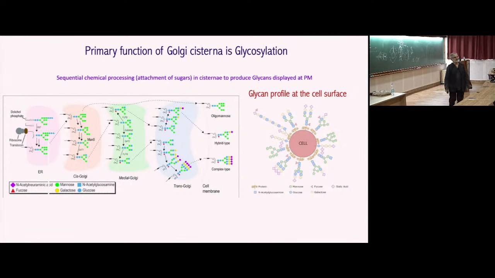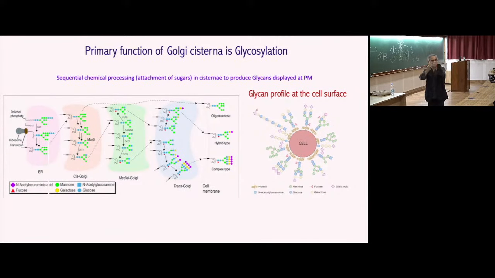Is that clear? Each of these cisternae are actually little chemical assembly lines that have resident enzymes, which will then catalyze chemical reactions that involve a protein that comes out from the ER and some sugar groups.